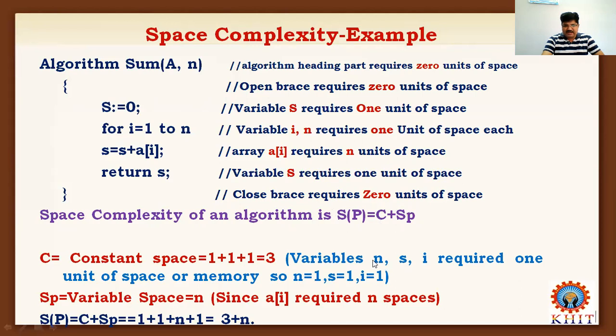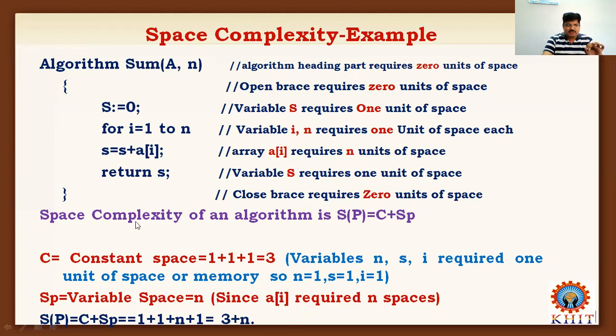These variables n, s, I will be assigned only one unit each for storing. This is considered as constant space, whereas the array comes under variable space, because the array size or memory location may vary based on the value of I.